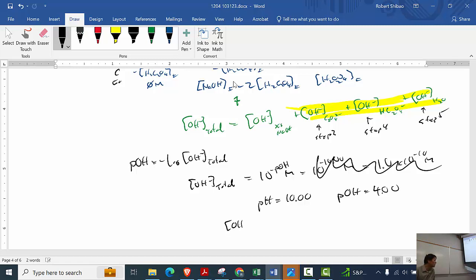And so the total hydroxide is equal to 10 to the minus 4.00, which is 1.0. Since I have 2 sig figs, I have 2 decimal places here, 2 sig figs times 10 to the minus 4 molar.